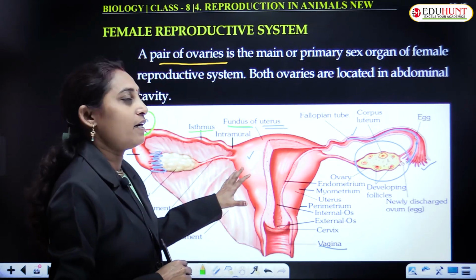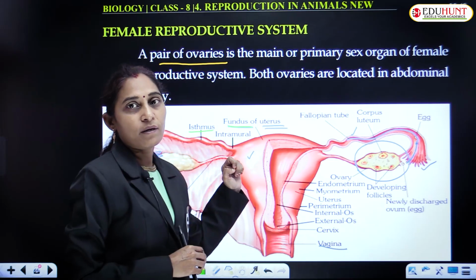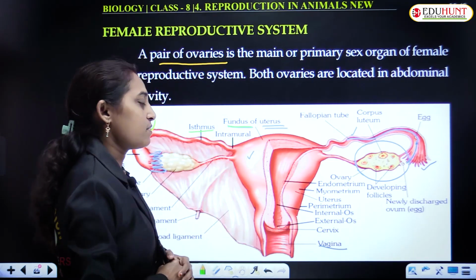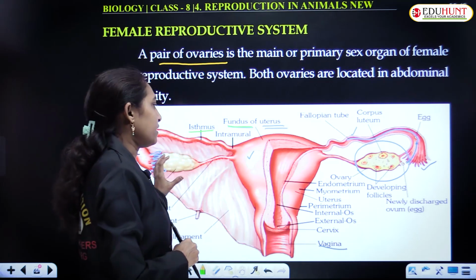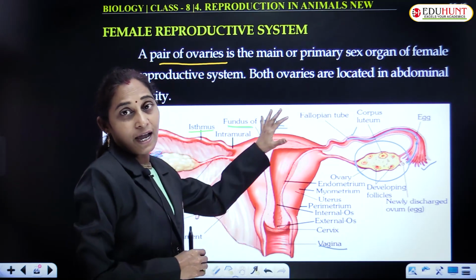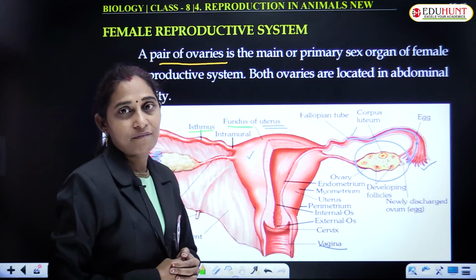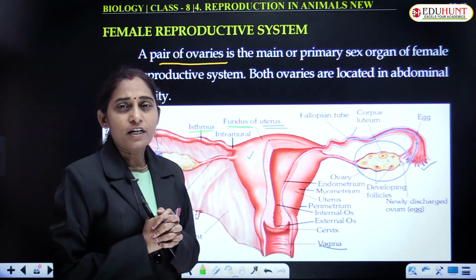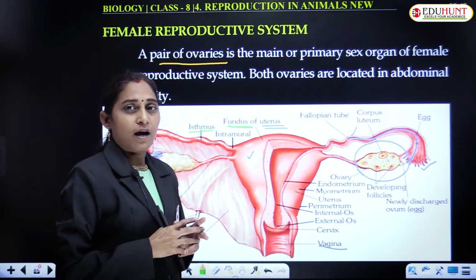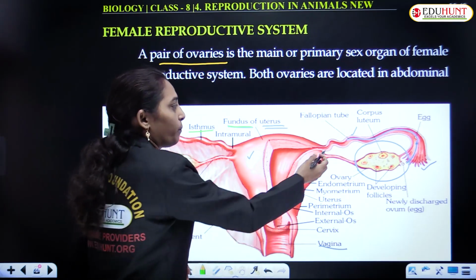If we go into the detailed structure of the female reproductive system, the ovary is situated laterally. The entire female reproductive system is situated in the abdominal cavity, and very near to the ovaries are two tube-like structures called the fallopian tubes.